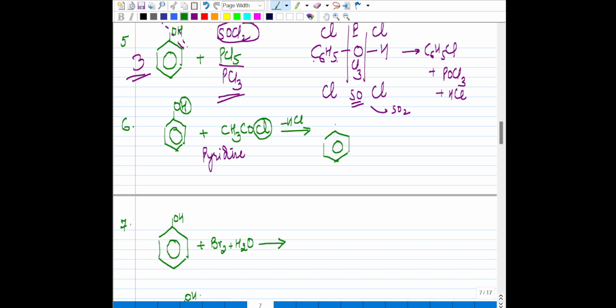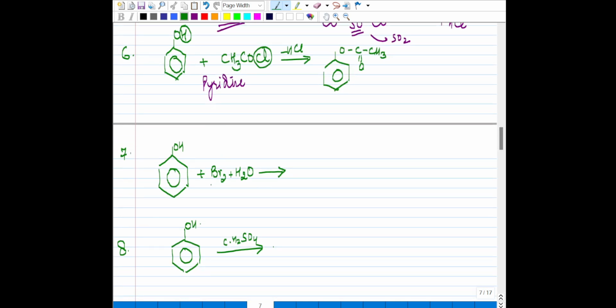Right? This is O, right? C double bond O, CH3. So what is this? This is C6H5. So here it is CH3COOC6H5. Got it? Right?